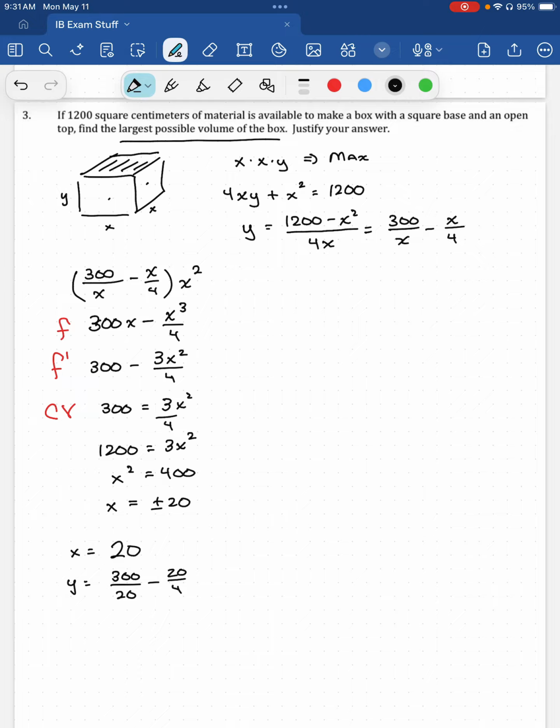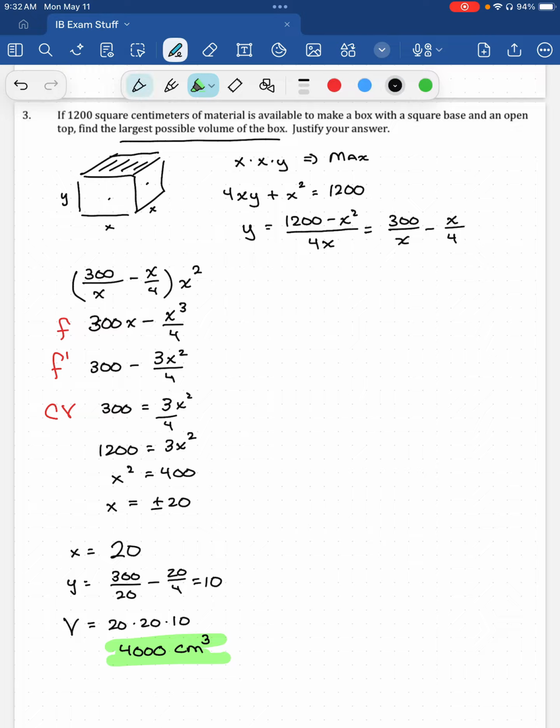Well, 300 over 20 should be 15. 15 minus 5 is 10, so y is equal to 10. So that means my volume is 20 times 20 times 10, making it 4,000 cubic centimeters. That's going to be the answer to my question.